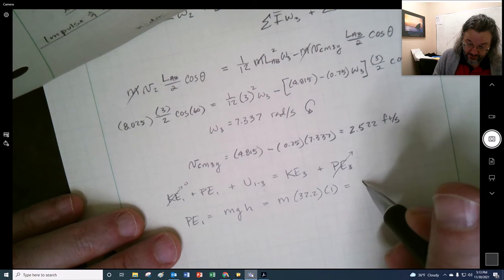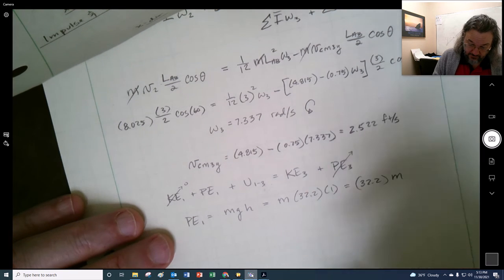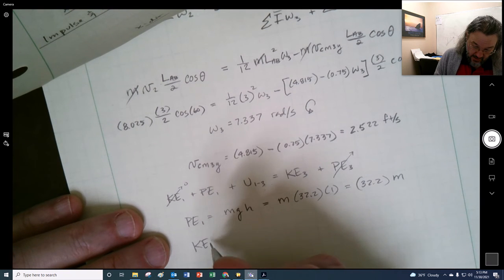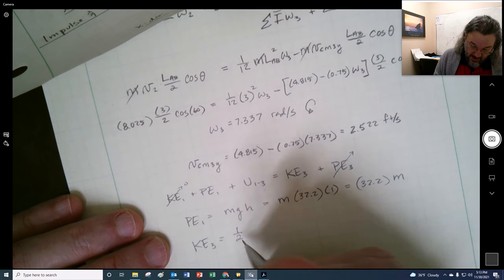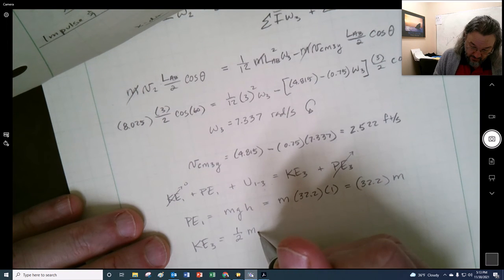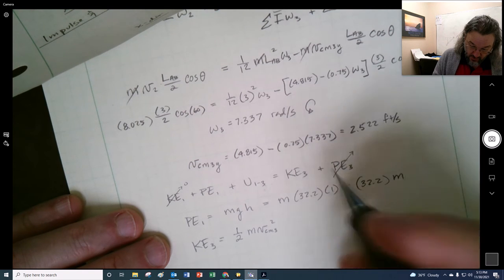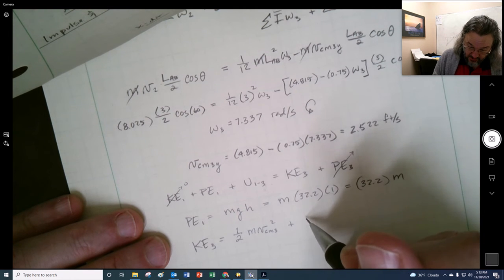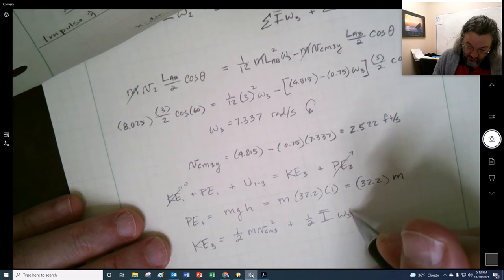So it's just 32.2 m. And then the kinetic energy at the end state is going to be 1/2 m v center of mass 3 squared plus 1/2 I omega 3 squared.